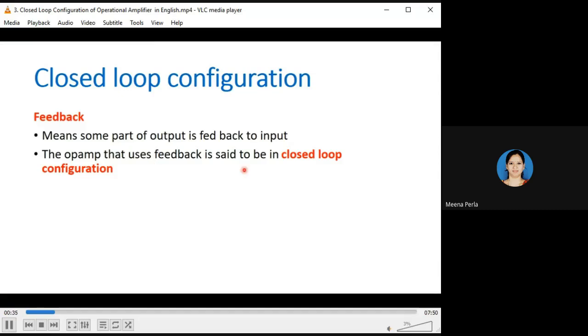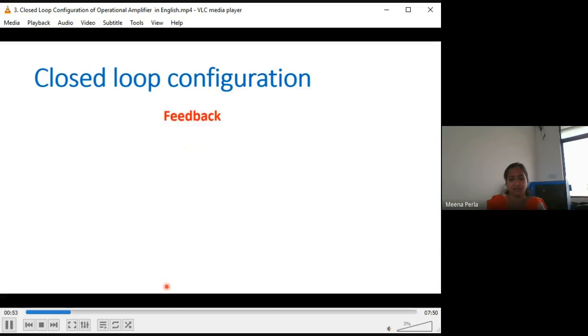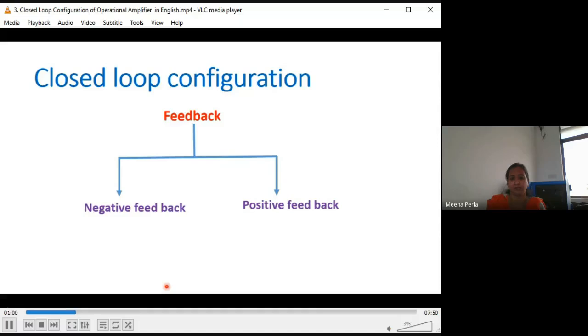And the operational amplifier that uses feedback is said to be in the closed loop configuration. Whenever we see an operational amplifier circuit with feedback, we can say that the circuit is in closed loop configuration. There are two types of closed loop feedback: negative feedback and positive feedback.